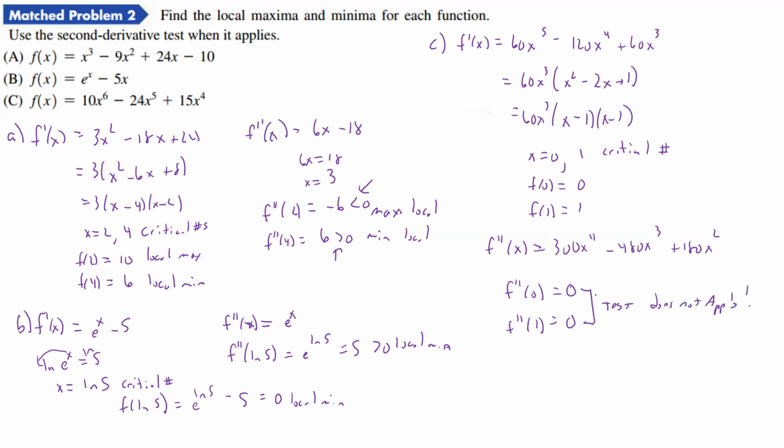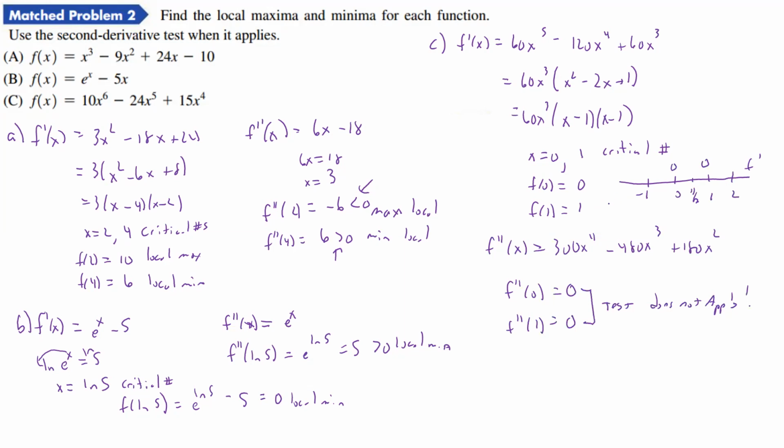All right, that means we have to go back up and use the first derivative test. So then we have to do our number line. We're going to have 0 and 1. Those are going to be our zeros. Now we have to test. Let's test negative 1, a half, and maybe 2. This is at the f prime.